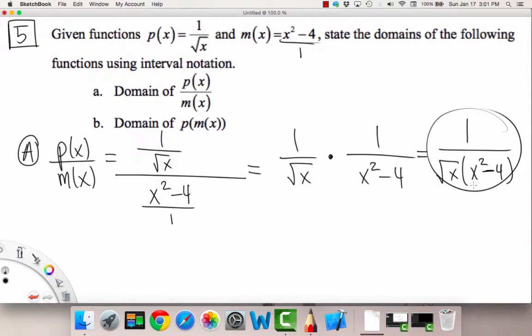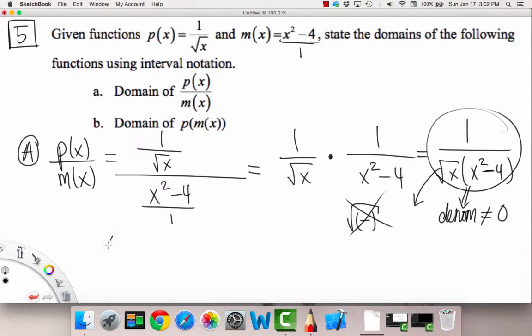The first thing is we don't want the bottom to be 0. The denominator is not allowed to equal 0, otherwise that would give us an undefined point. Also, we see a square root here, and inside the square root we can't have a negative number. So we have 2 restrictions which guide us toward our domain for part A.